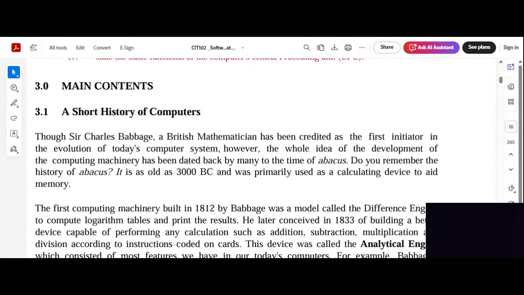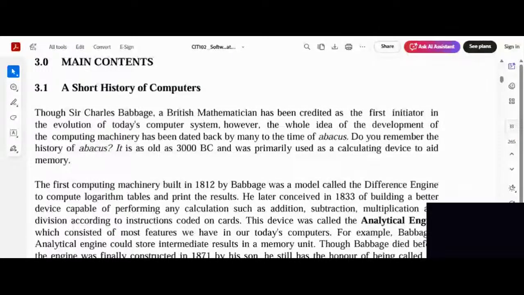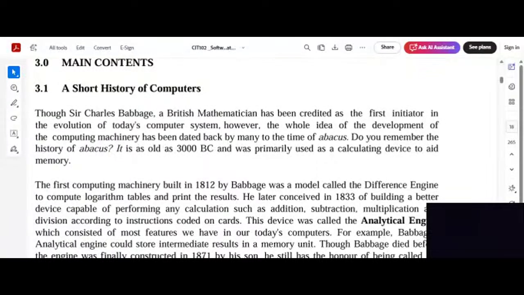Now we'll talk about a short history of computers. That is where we are starting from. That's our major concern today. A short history of computers. A mathematician has been credited as the first in the evolution of today's computer system.